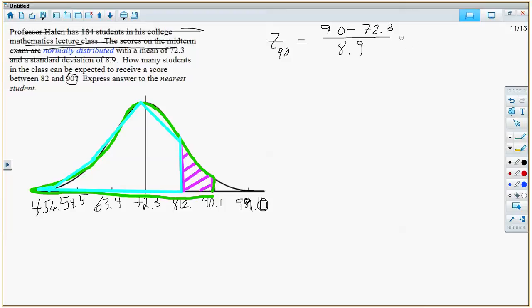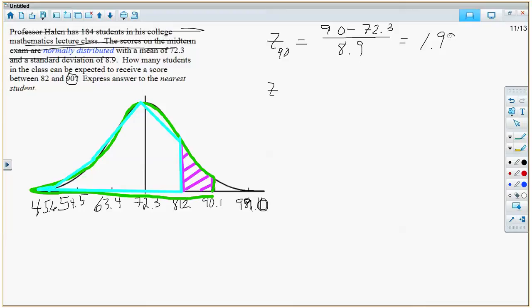Miss Nix, what do you get? I was subtracting the wrong number. All right, I'll go ahead and write the other one up. And then Z sub 82. 1.98. Well, 1.99.